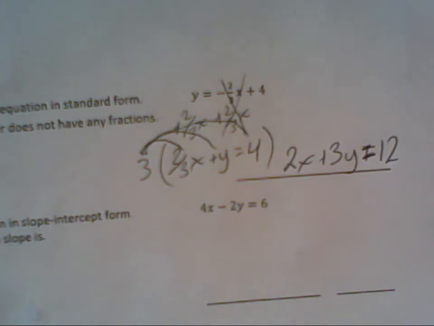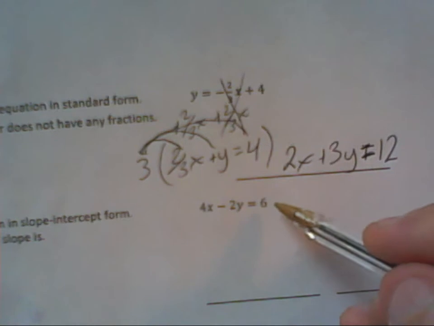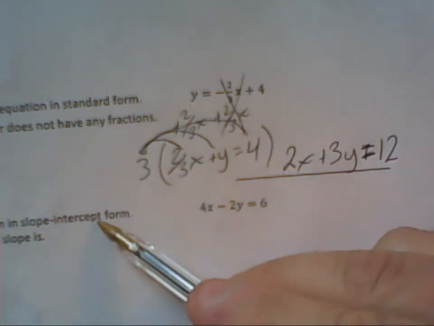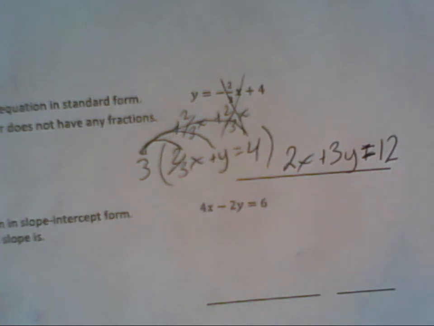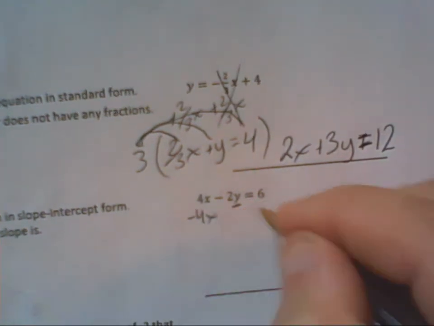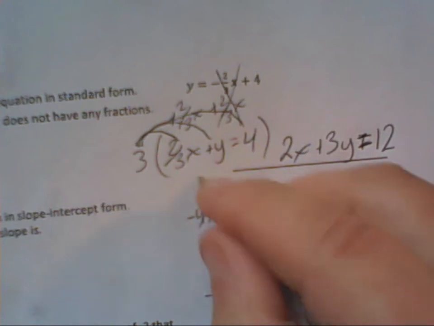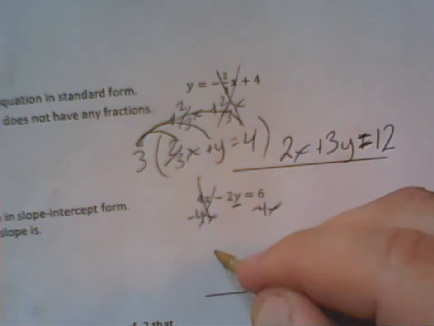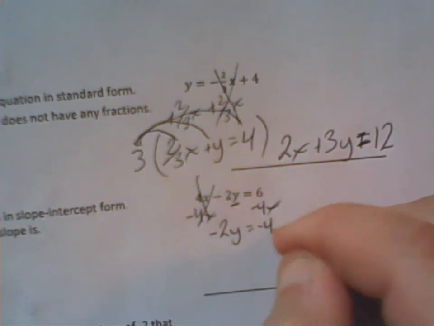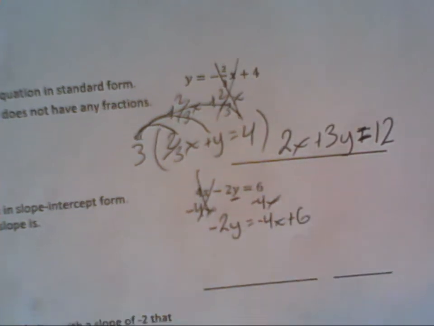Number 8. Here we have an equation that is in standard form, and we want to put it into slope-intercept form and then say what the slope is. So slope-intercept form is where the y is completely by itself. And so to get the y by itself, we're going to start by subtracting 4x from both sides, because 4x minus 4x is nothing, and we'd have negative 2y equals negative 4x plus 6.